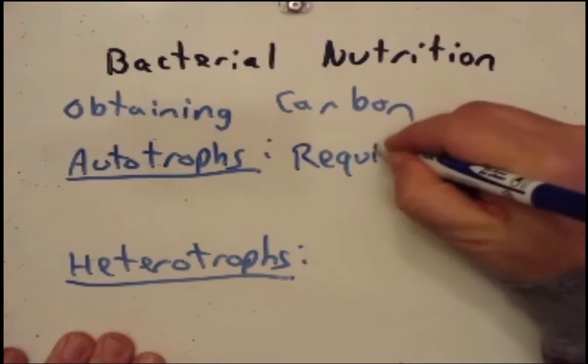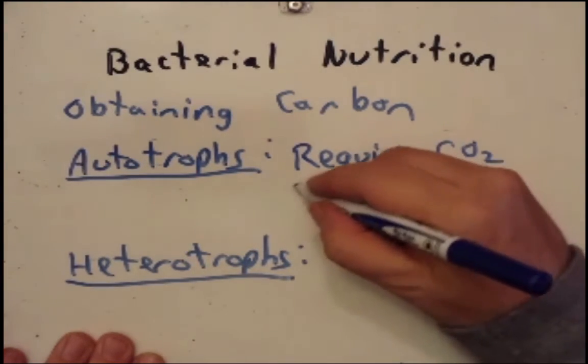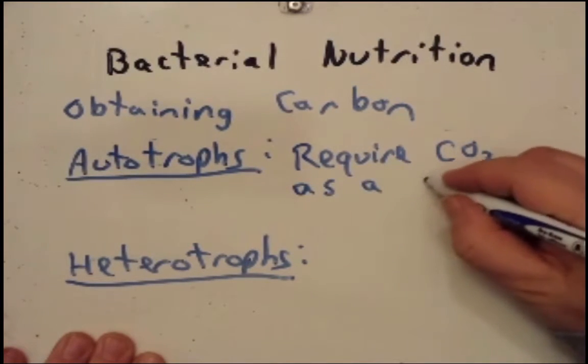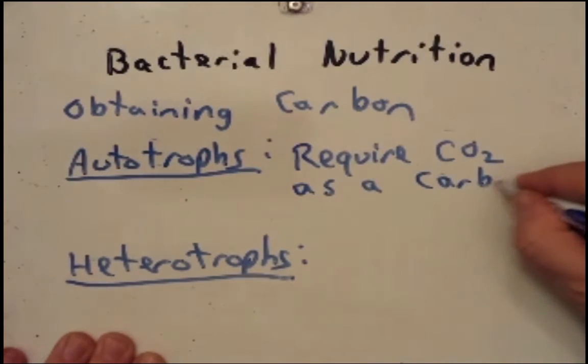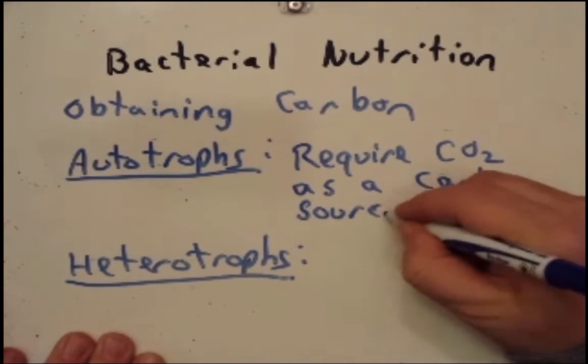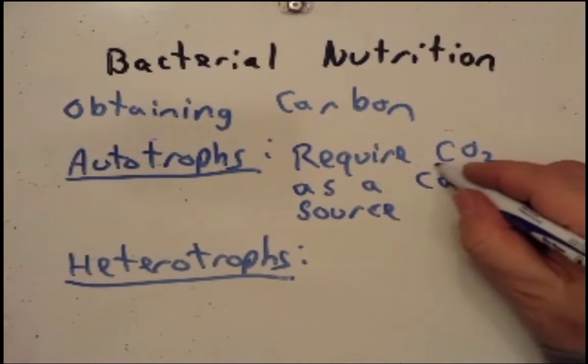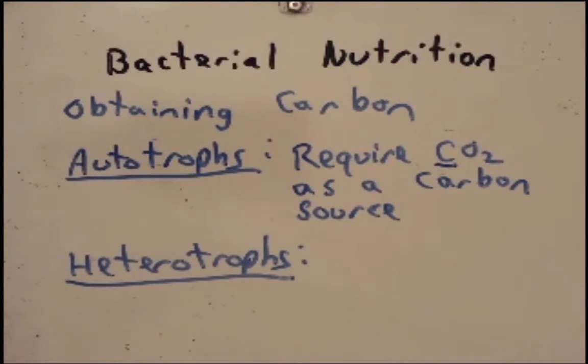Autotrophs require CO2 as a carbon source. They can then take this CO2, using this single carbon, and build much larger carbon structures.